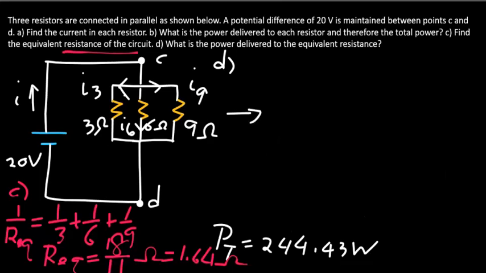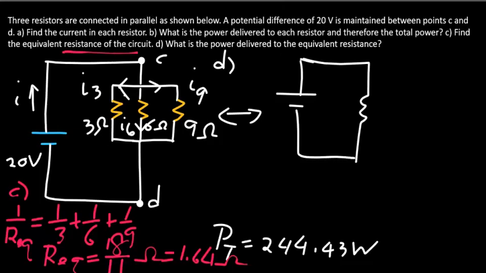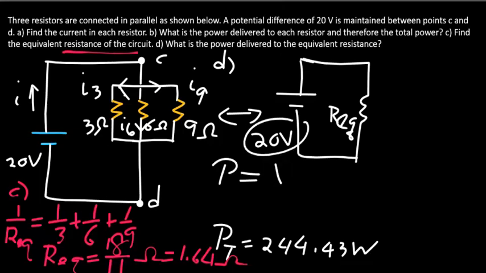Remember, this circuit can be redrawn in the following manner in terms of an equivalent resistance like that. So this is a 20 volt battery and this is R equivalent. So the power delivered to that equivalent resistance in terms of voltage is that voltage squared over that equivalent resistance.